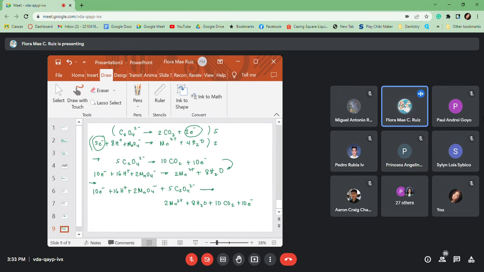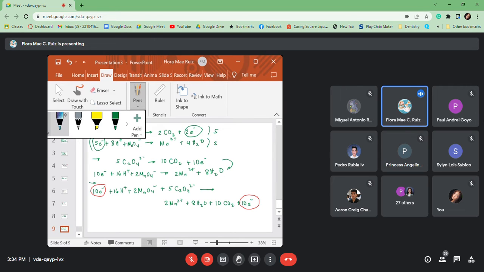Okay? So after this, you notice that you have the 10 electrons on the left side, and you also have the 10 electrons on the right side. Just like how an equation works, we can subtract them.